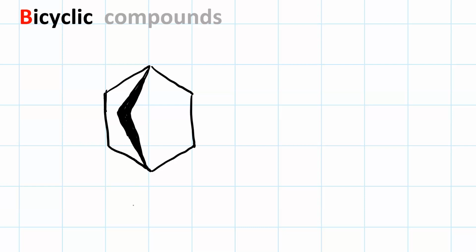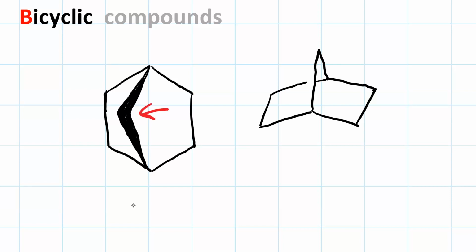Another way to draw this is like this. This carbon that's coming up is this carbon right here.